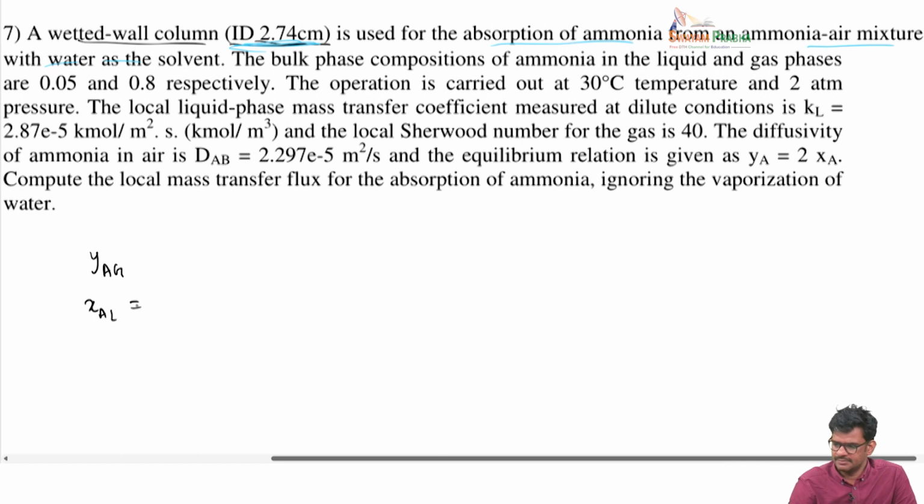What is xAL? It is 0.05. yAG is 0.8, quite concentrated. As I said, anything above 0.1 mole fraction we are going to deal with as a concentrated system. So this is going to be a concentrated system. We'll just write this: this is a concentrated mixture.